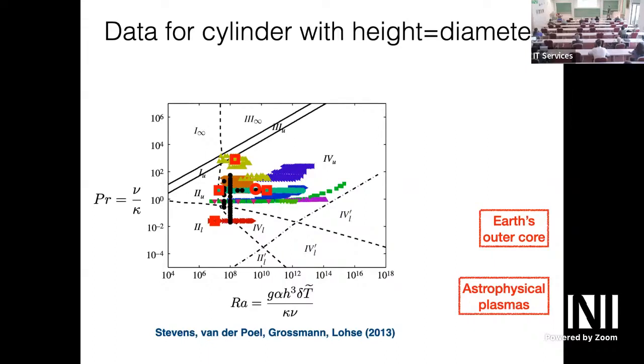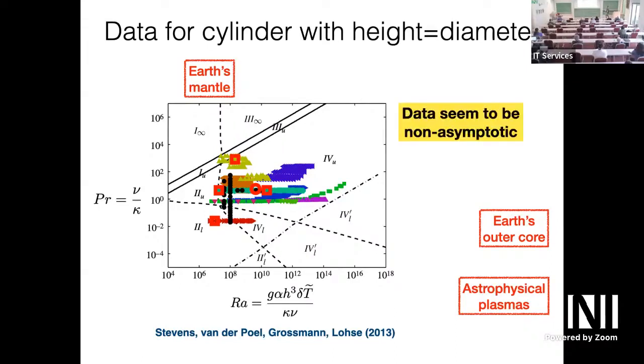Astrophysical plasmas are also way out there, and if you could have a well-defined Prandtl number, it would be like 10 to the -6, 10 to the -8. The Earth's mantle, the Rayleigh number is not that large, but the Prandtl number is effectively infinity.